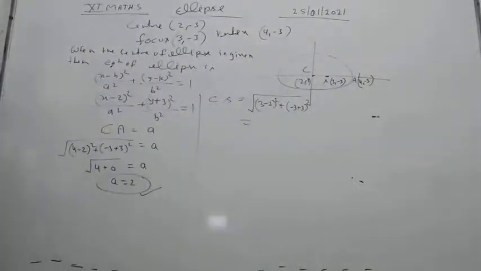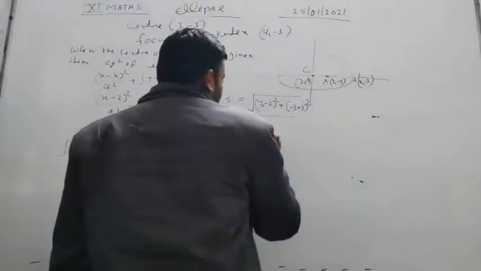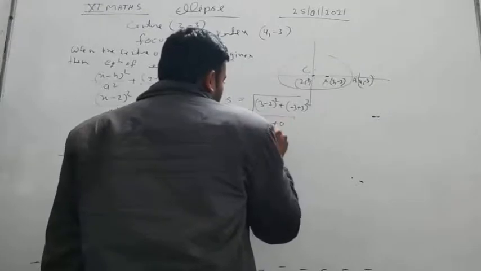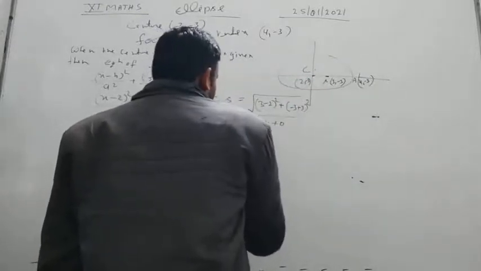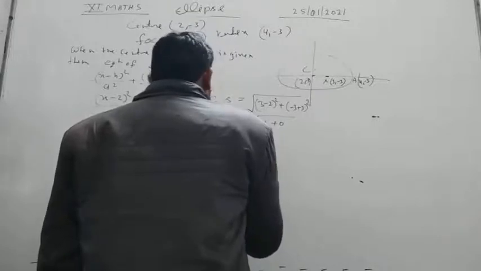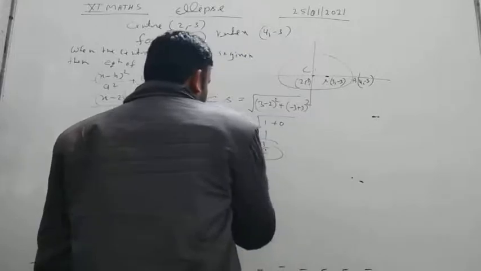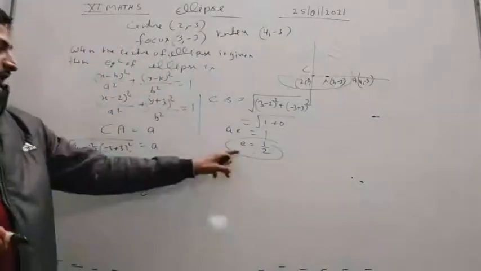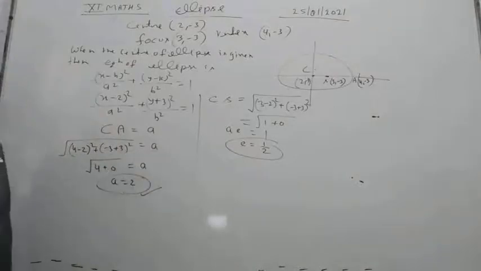When we further solve it, student, we get CS is 1 plus 0, which is 1, and CS is ae. So our e is equal to 1 by 2 because our a is 2. So we have got a and we have got e.